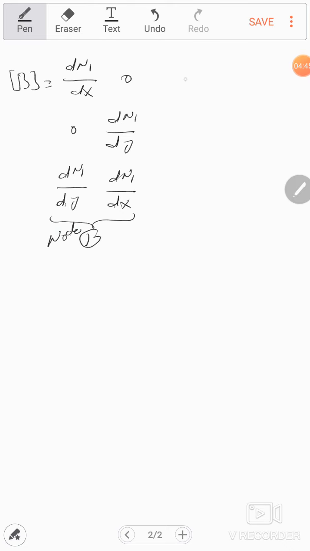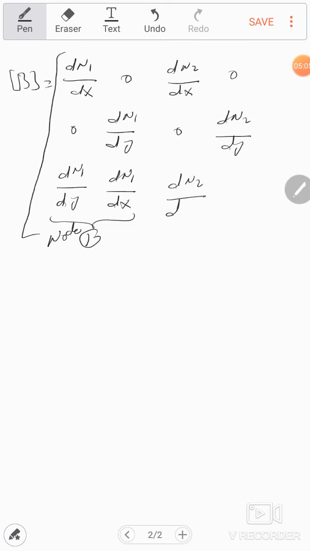Okay, then node number 2: dN2 dx, 0, 0, dN2 dy, dN2 dy, and dN2 over dx. This is for node number 2.